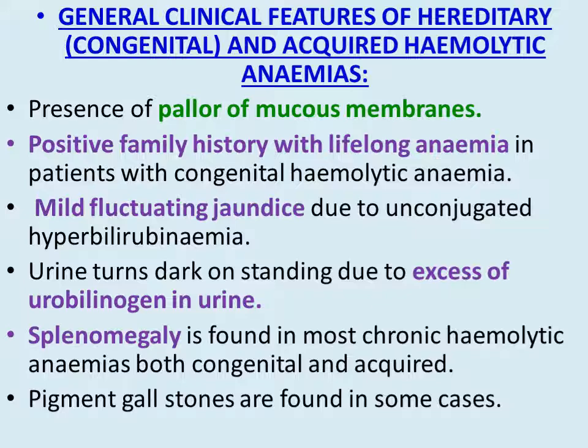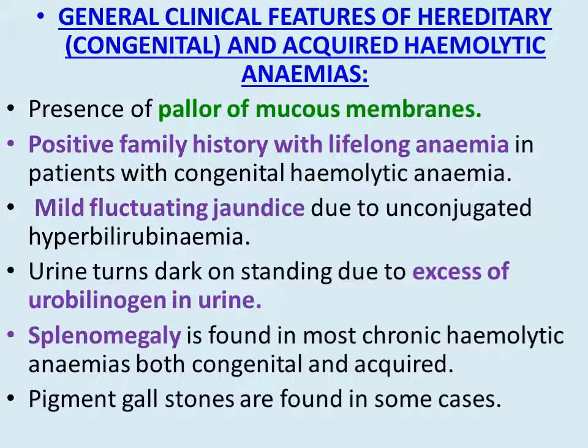Third point, mild fluctuating jaundice due to unconjugated hyperbilirubinemia. Next point, urine becomes dark on standing due to excess of urobilinogen in urine.